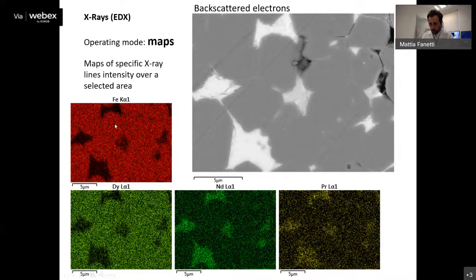You can decide to plot the intensity at a given emission line. For example, this is the map in this region of the iron K alpha 1 emission line. Or this is the map of the neodymium L alpha 1 emission line, and so on. So you can see the distribution in your area of the different elements.